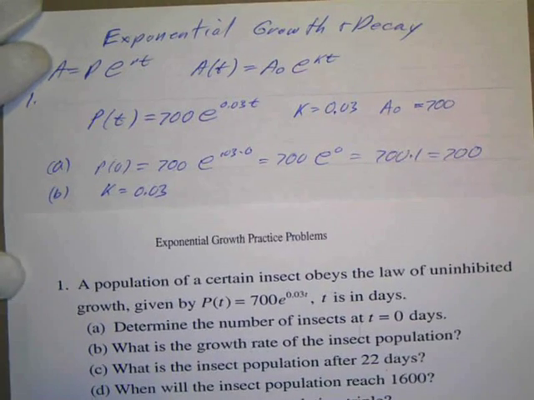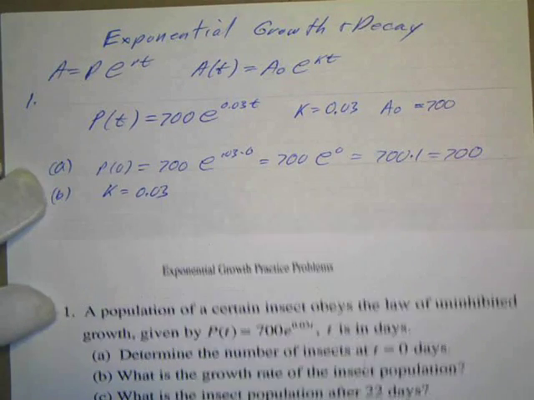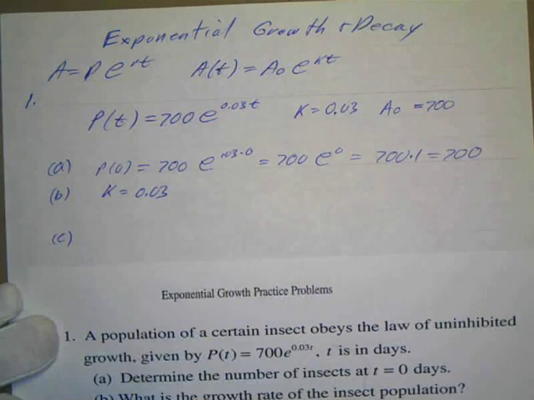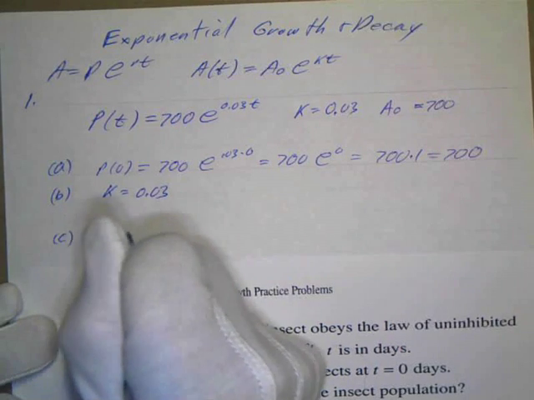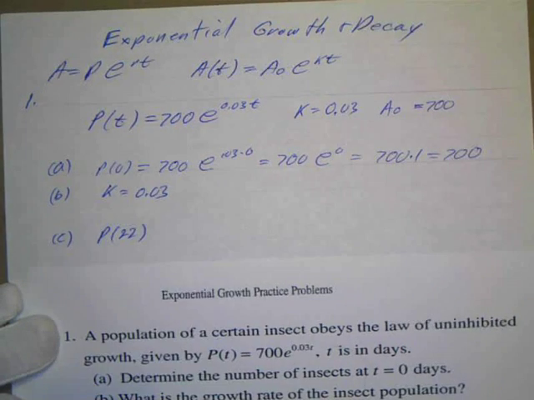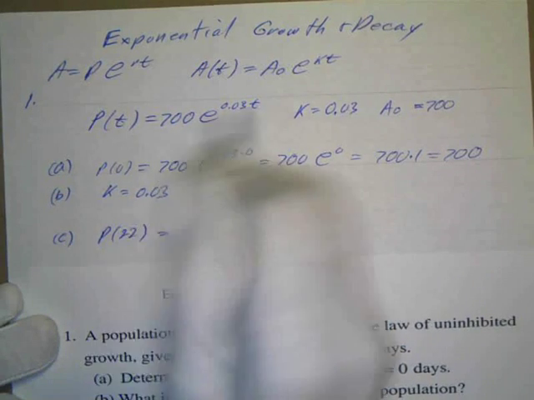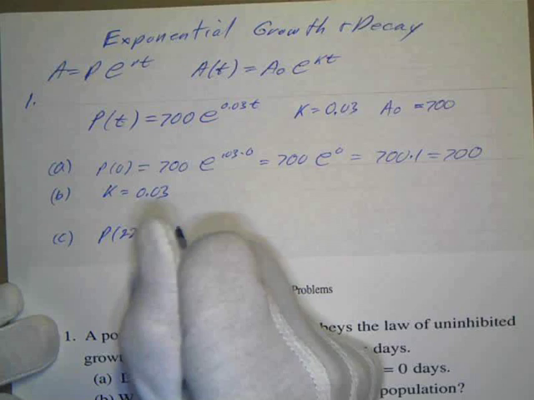Letter C: what is the insect population after 22 days? We have our k, so we can substitute our data. We want to know when t is 22, so this is P of 22. Put that in the formula: 700 times e to the 0.03 times 22 days. Every time I see a t, I put a 22.